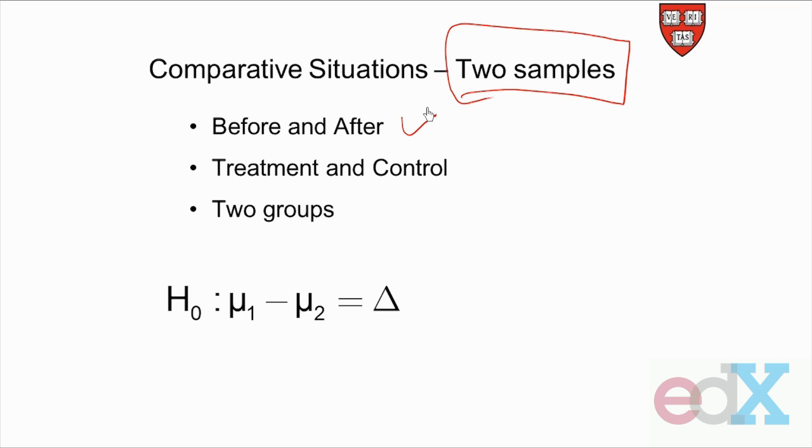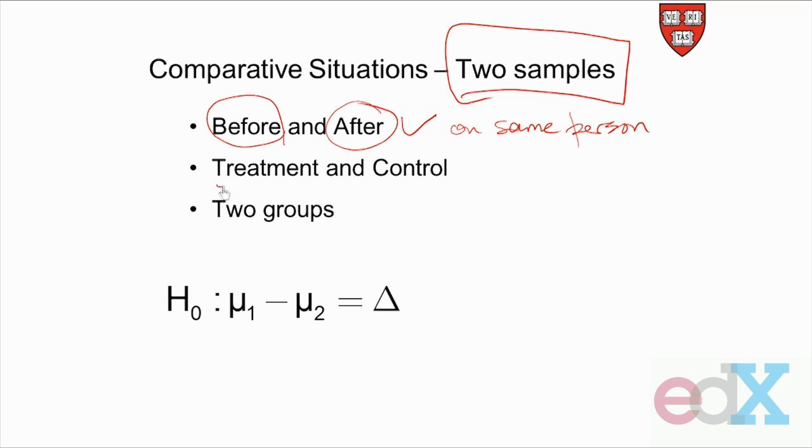That's a before and after. So we might be testing a diet there to see if the diet has had any impact. What we might do is take one set of samples before and then one set of samples after on the same people. On the same person, we'll take two readings. There's a before and after.